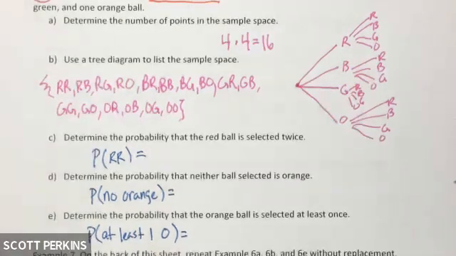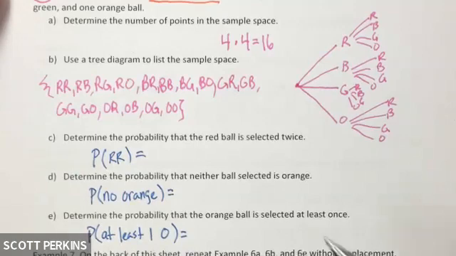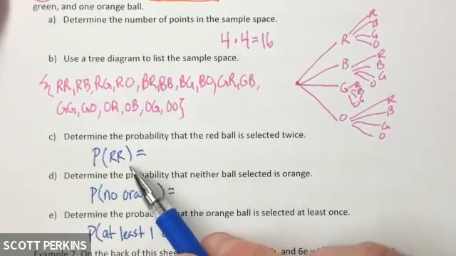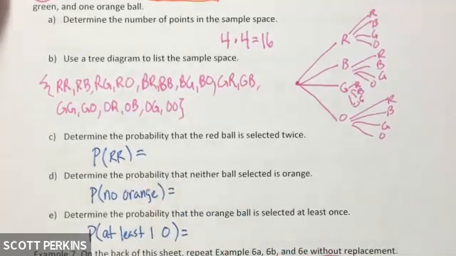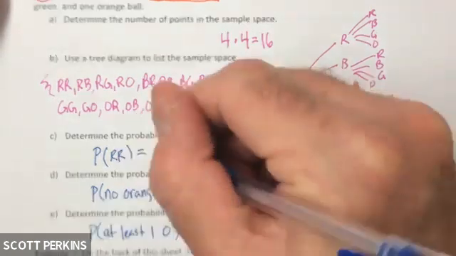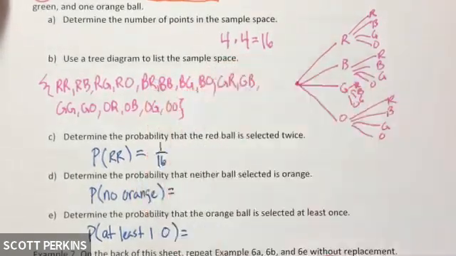All right, so for the C problem, how many times does the outcome RR happen in our list of outcomes? Once out of the 16 possible outcomes.